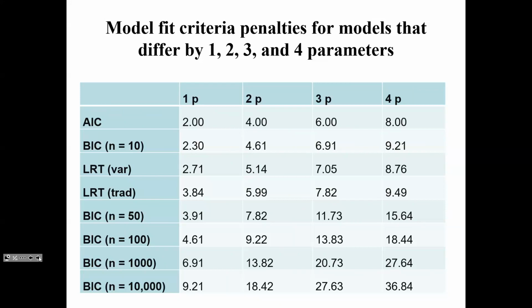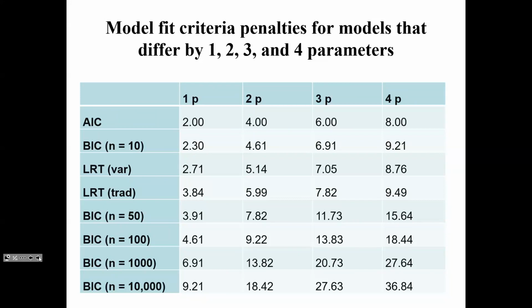So again, that's a penalty of less than 2.5 per parameter on the traditional likelihood ratio test. And if you look at the BIC with a sample size of 10 and that 4 parameter test, it looks very similar to the traditional likelihood ratio test, right?